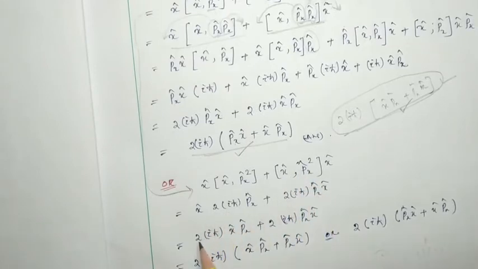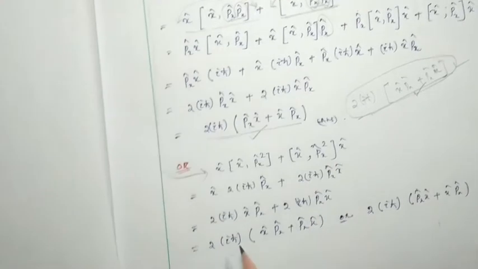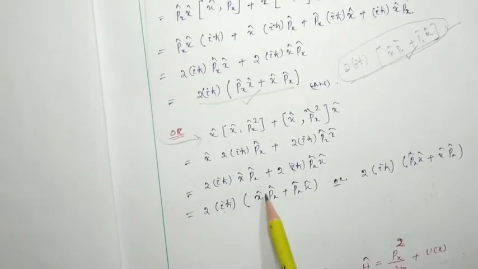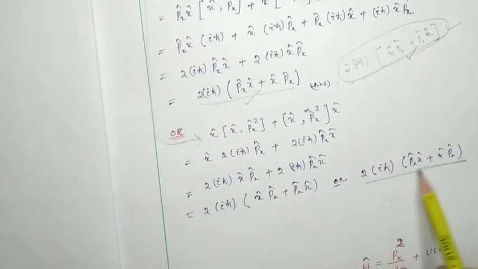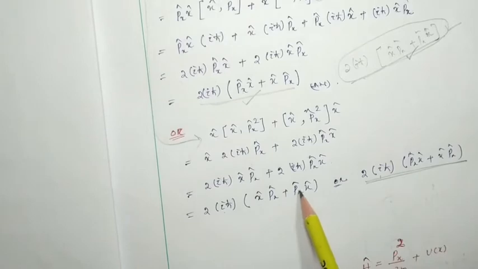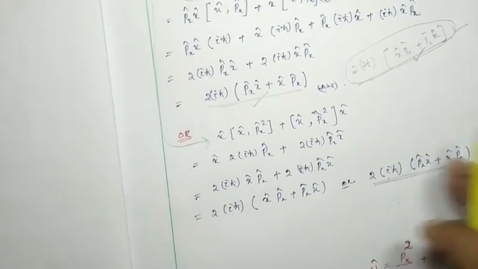So here what we found is 2iħ x̂ pₓ x̂, and here this is 2iħ pₓ x̂ x̂. So we found 2iħ times x̂ pₓ x̂ plus pₓ x̂ x̂, or this one. This term plus this term, or this term plus this term, no problem.